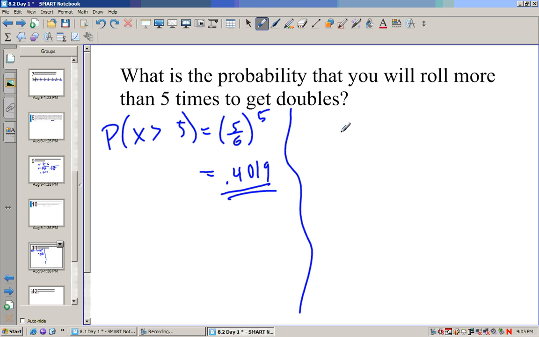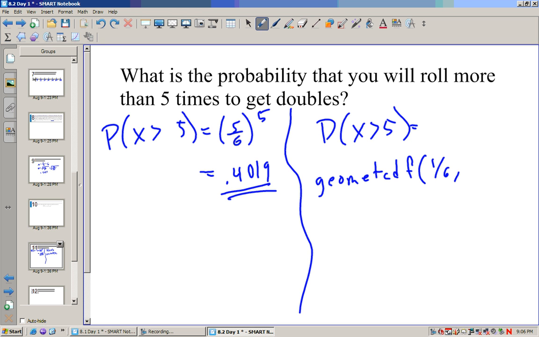Now, a more complicated way, if you forget this rule, we can still get this by using geometric CDF. If we hit 2nd vars, it's geometcdf. This means geometric cumulative distribution function. What we type in is our probability of success, which is 1/6, and then a comma, and then we want to go up to 5.